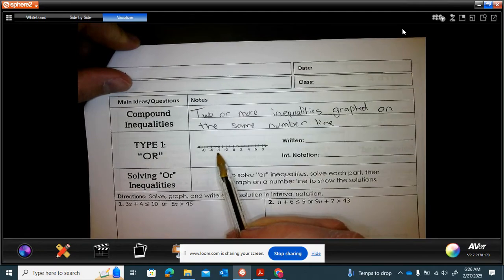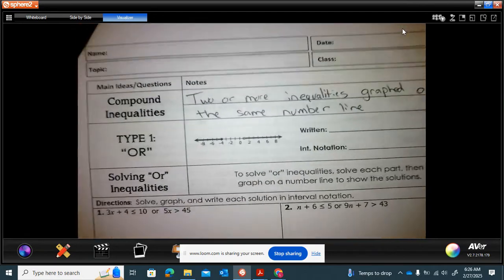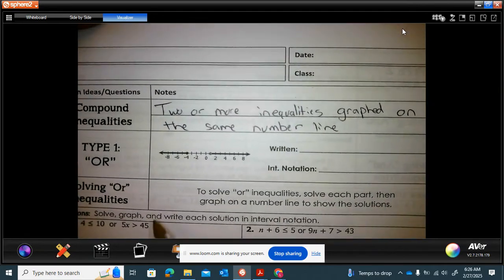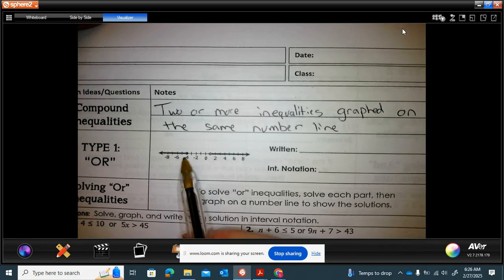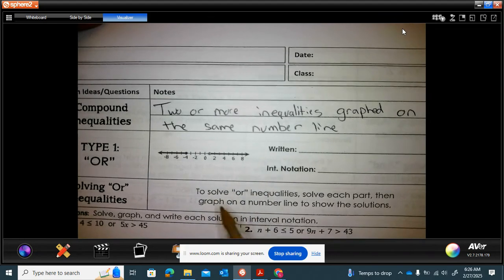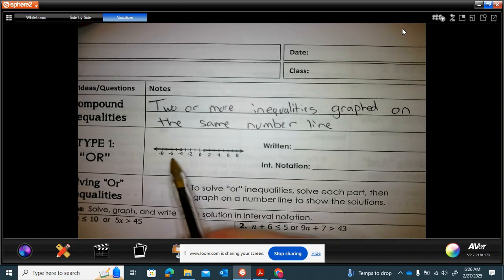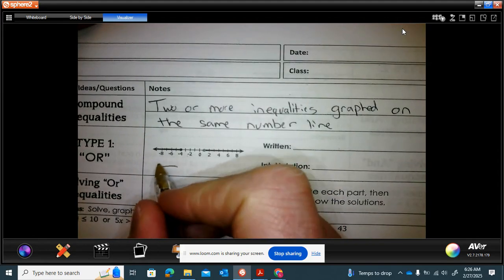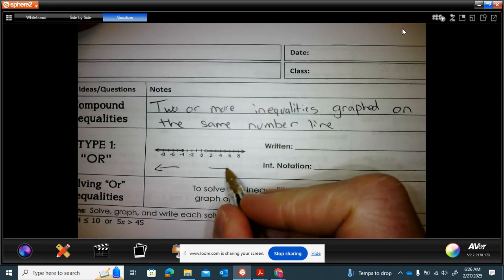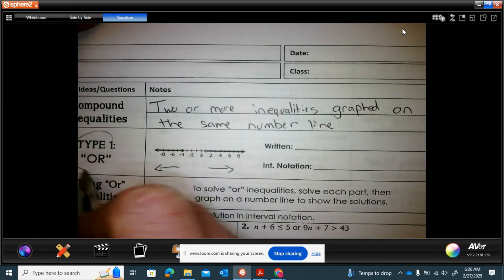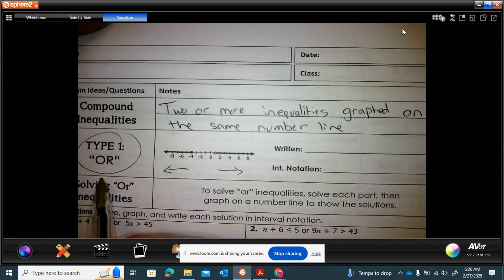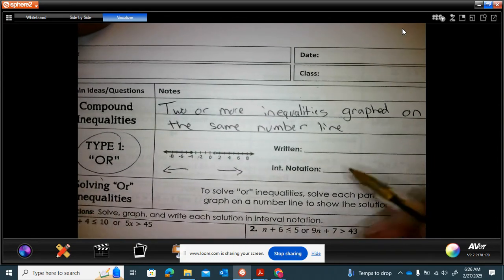So you can see that there's an inequality here. Zoom in. There's an inequality going from negative, like less than -4, and greater than 1. For this specific inequality, anytime your arrows are going to the left and to the right, we call it an or compound inequality. So it's written like this.